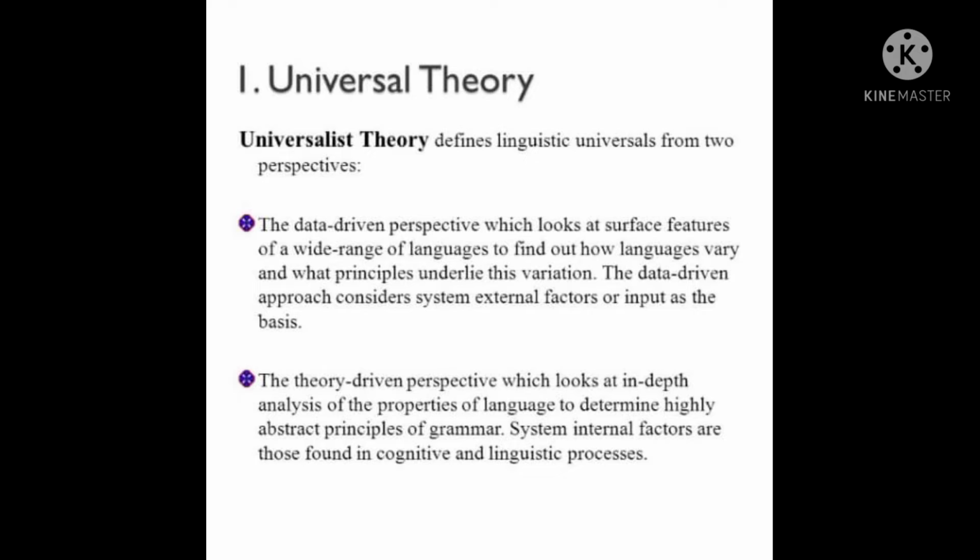The data-driven approach considers system external factors or input as the basis. Second, the theory-driven perspective, which looks at in-depth analysis of the properties of language to determine highly abstract principles of grammar. System internal factors are those found in cognitive and linguistic process.